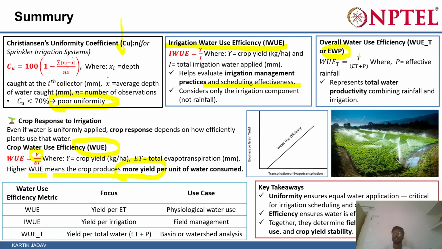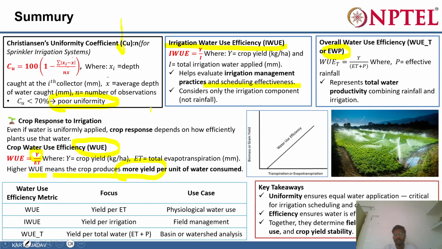Effective rainfall you can define as whatever amount of rainfall is useful for plant use, or plant benefit, production of food. So that is your effective precipitation, and that will help you get the overall efficiency of the system, right?